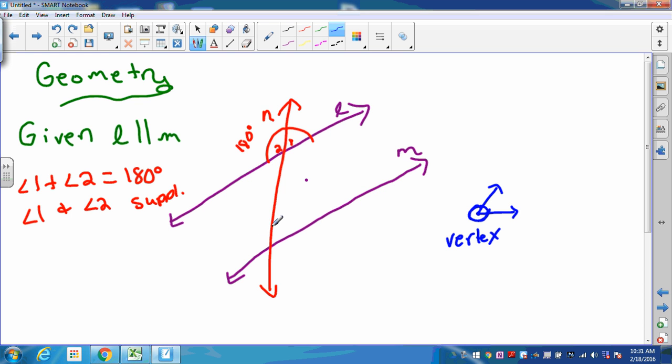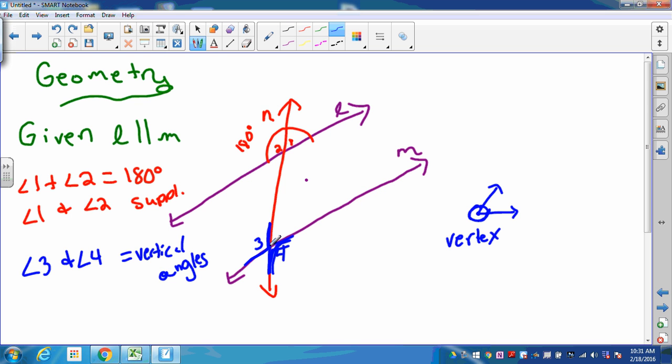So what I'm going to do first is identify some vertical angles. Here is an angle. Here is an angle. I'm going to call this angle 3. And I'm going to call this angle 4. So angle 3 is a vertical angle with angle 4. So we would say that angle 3 and angle 4 are vertical angles.